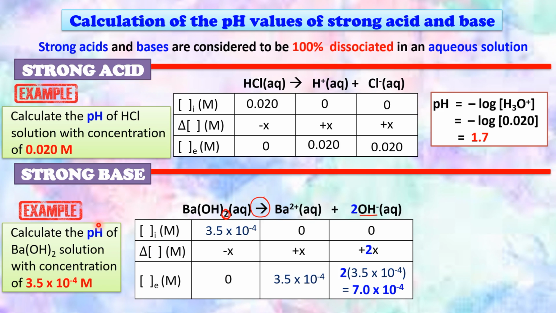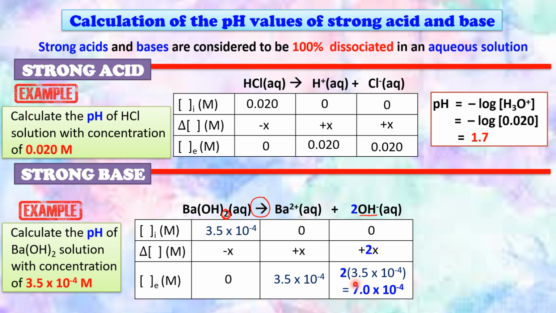So the question asks to calculate the pH, right? However, from the ICE table, we only have the concentration of barium ion and the concentration of hydroxide ion at equilibrium. So no concentration of H+ ion.